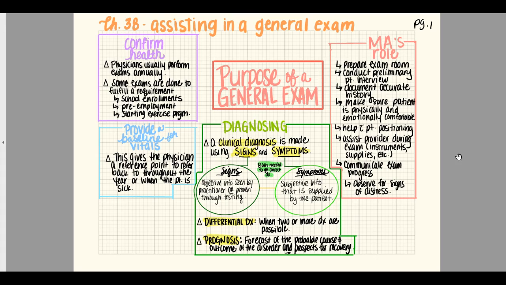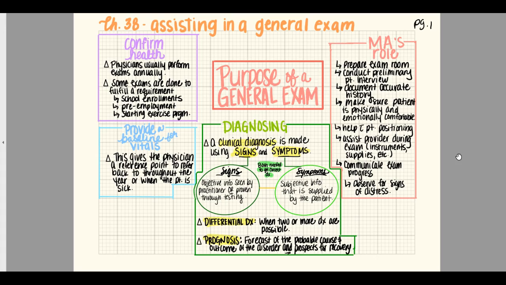Likewise, if we know after the general exam that that patient's pulse is a little on the lower side because they exercise a lot and they are very athletic, then that would be their normal baseline for that particular vital, and that can be referenced also.